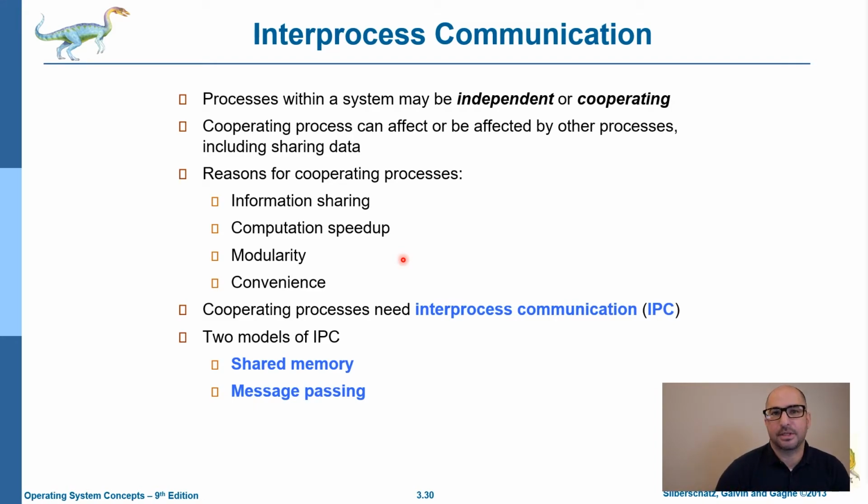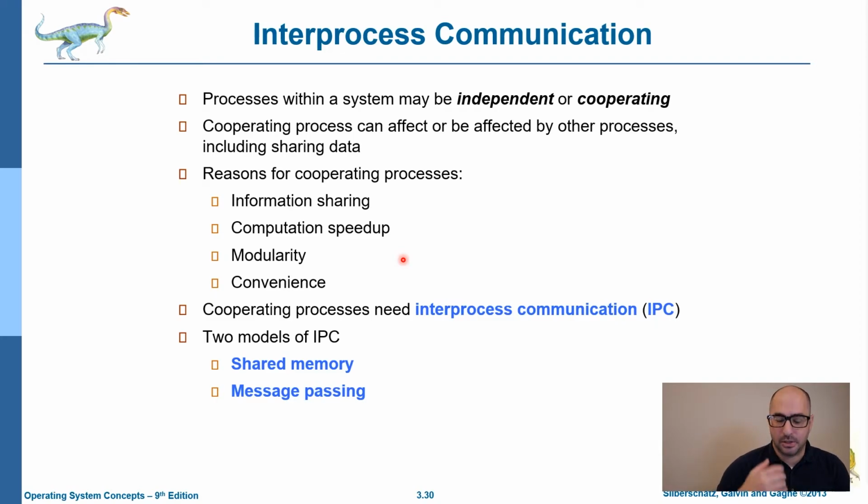A cooperating process is vulnerable to interactions of another process, but it's also dependent upon them. So why would we want to cooperate between processes? We're sharing information between two processes, working on them together with separate processes doing a portion of the work, or simply to be modular.